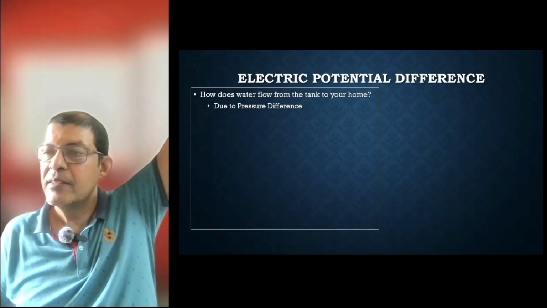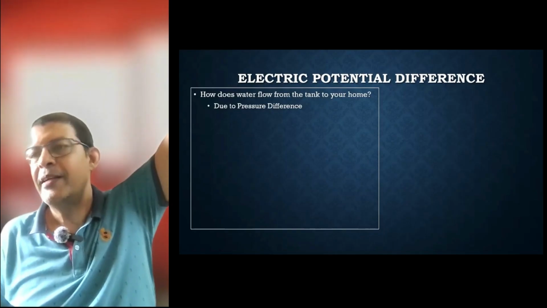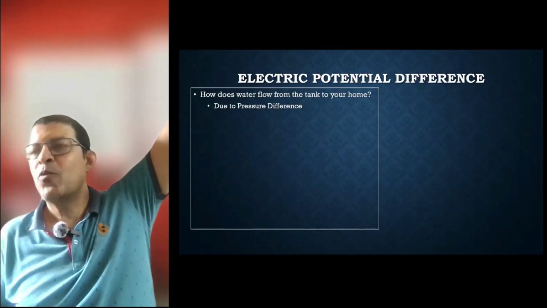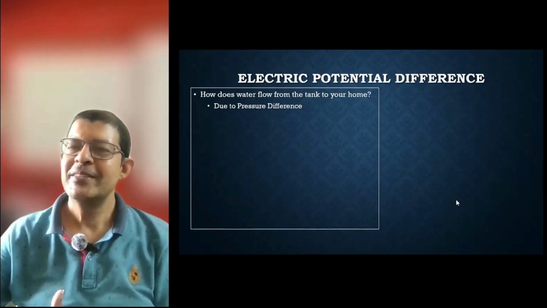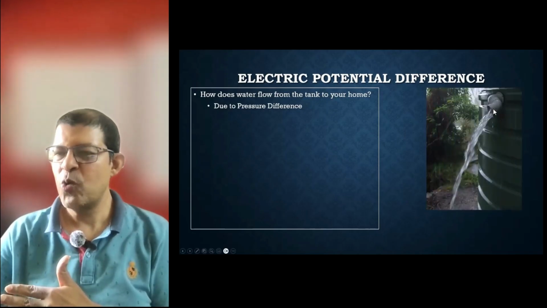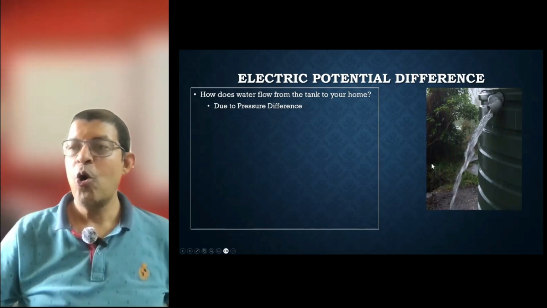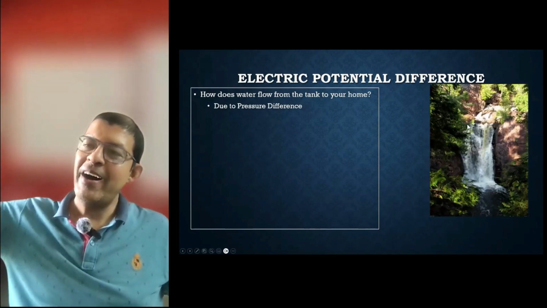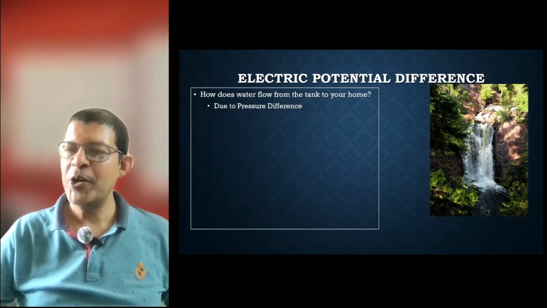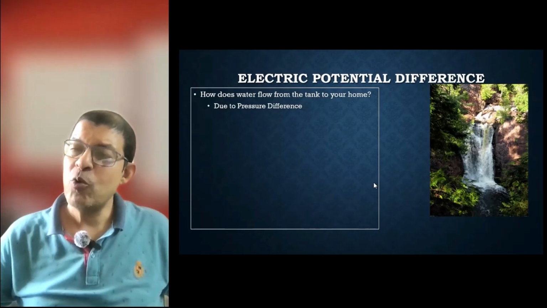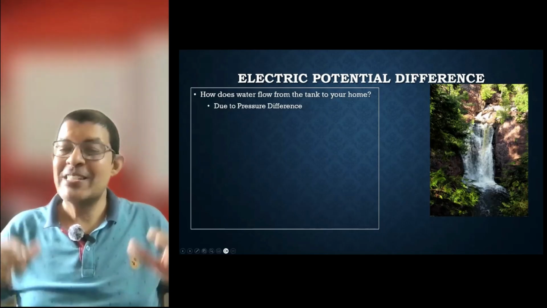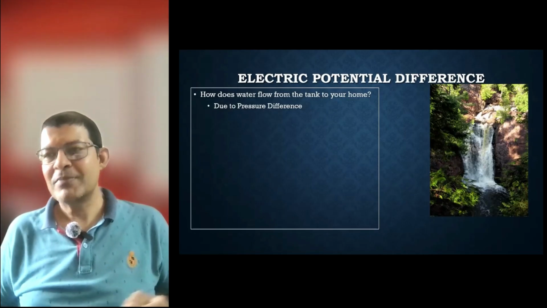At the high tank, it's at high pressure, and the tap is at low pressure. So the high pressure water comes to the low pressure tap. You see here, water is gushing out of the tank from high to low. Or you can see a waterfall from a high altitude going to a low altitude due to the pressure difference. Now, in a copper wire also, the current flows due to a similar difference.